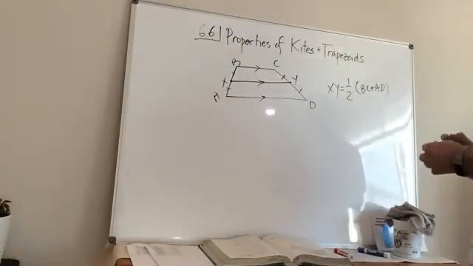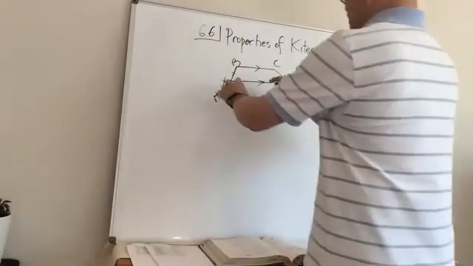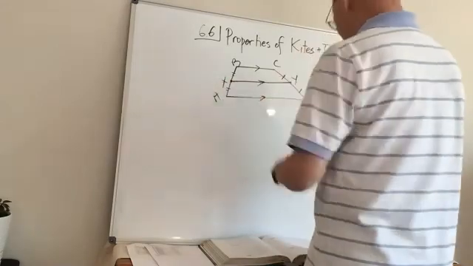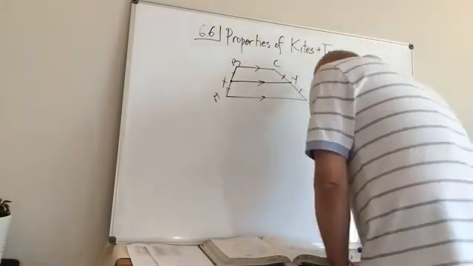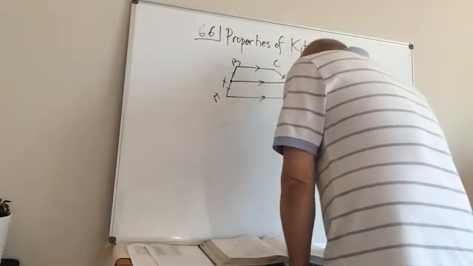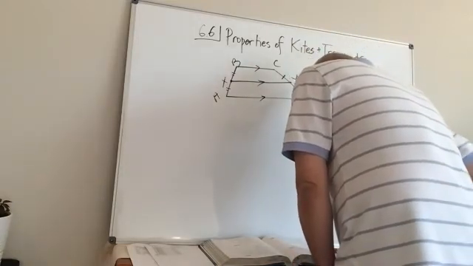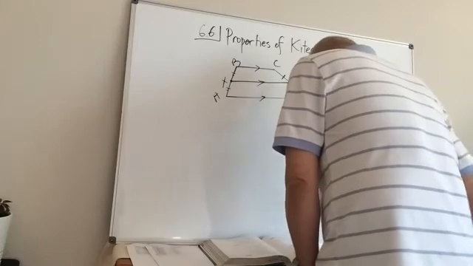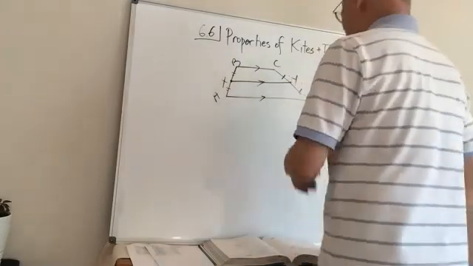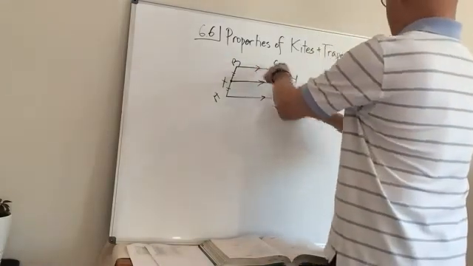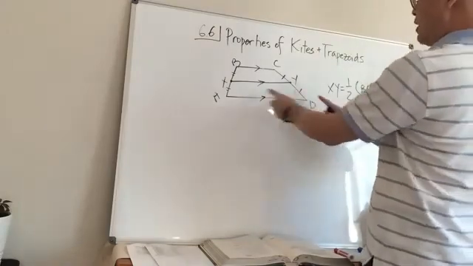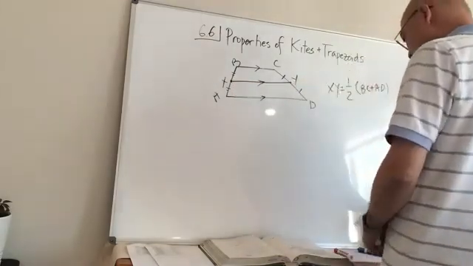They're all parallel. And you get that mid-segment right there. Okay? So that is the mid-segment theorem, right? The mid-segment is parallel to each base, and the length is 1/2 of the sum of the lengths of the bases. So if I add the two bases together, divided by 2, I get the mid-segment length there.